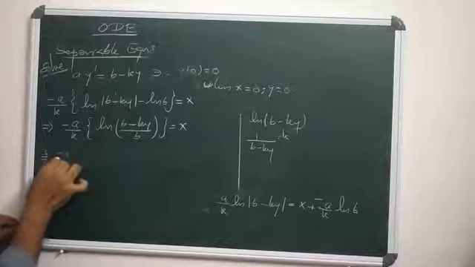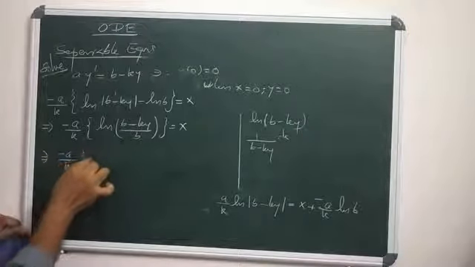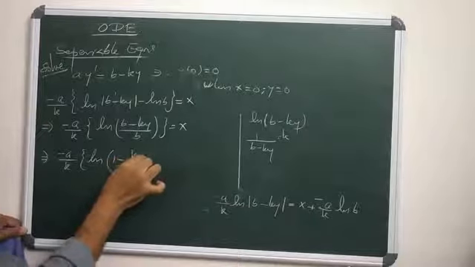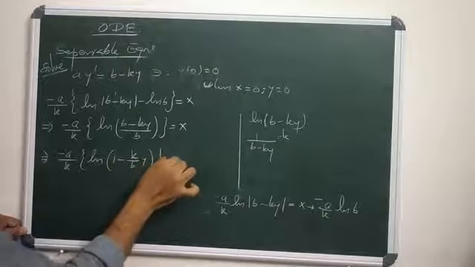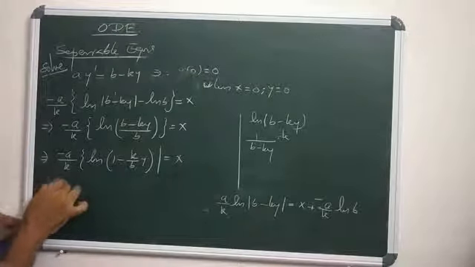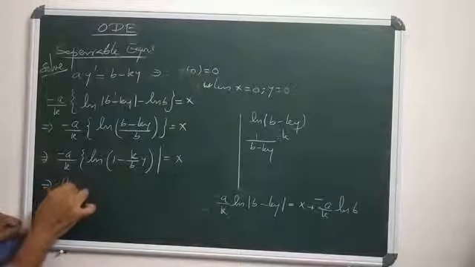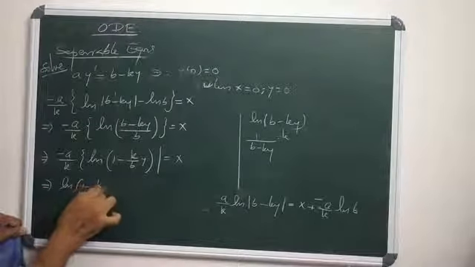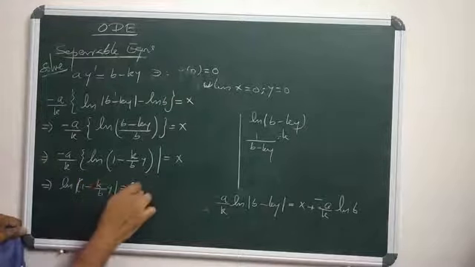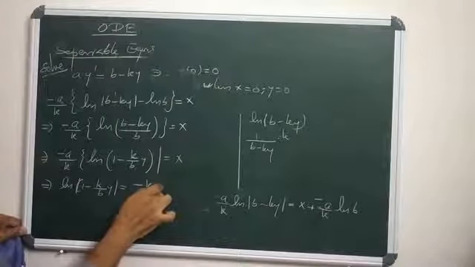So it is log of b minus k y by b equals x. That implies minus a by k into log of 1 minus k by b into y equals x. So log of 1 minus k by b into y equals minus k x by a.